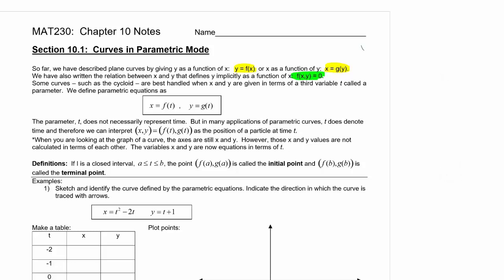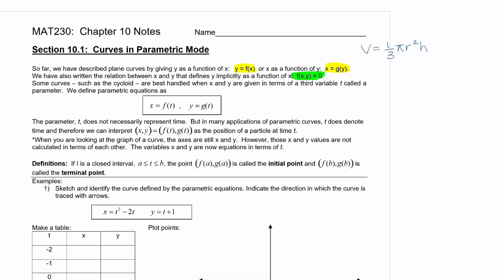And we talked about this a little bit in Calc 1 when we saw, for example, the volume of a cone. And we studied related rates. So if I have a cone and water is leaking out of the bottom of this right circular cone, then as time goes on, the radius is getting smaller, the height is getting smaller, and therefore the volume is getting smaller.